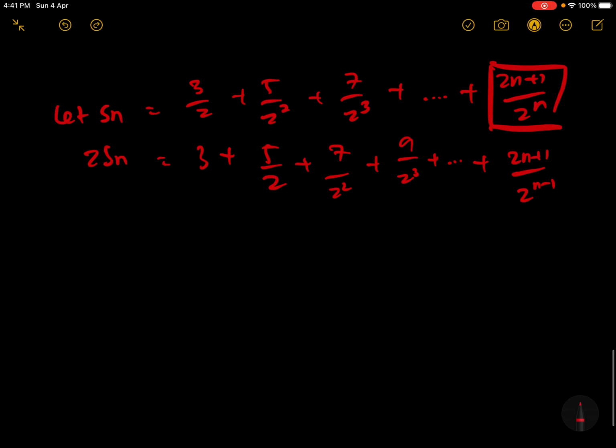So with that in mind, we know that this whole thing has a difference of 2 for each paired denominator.